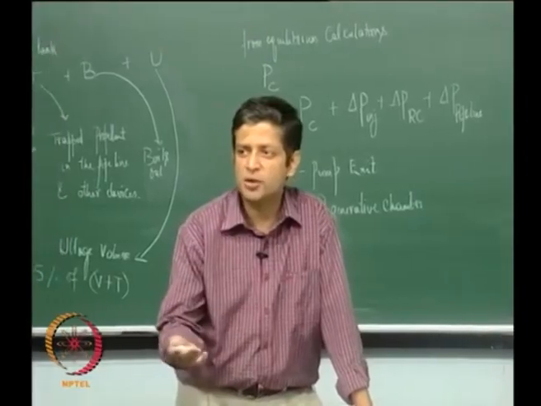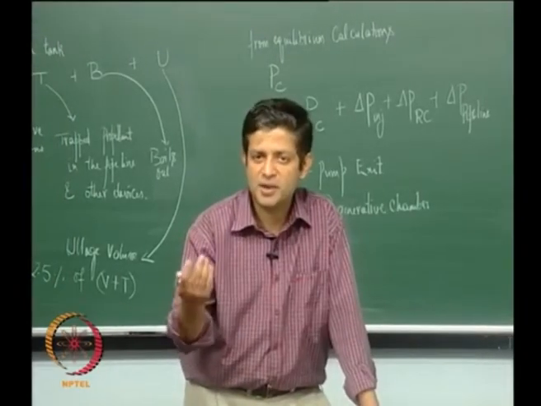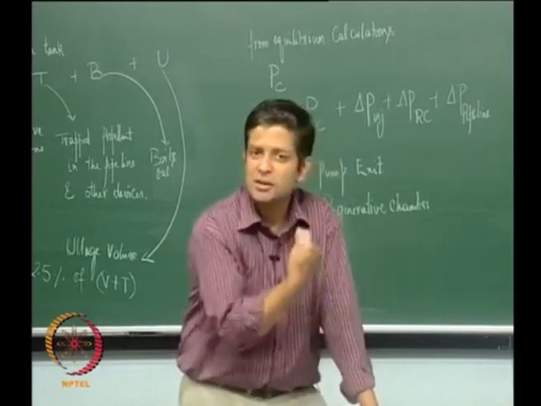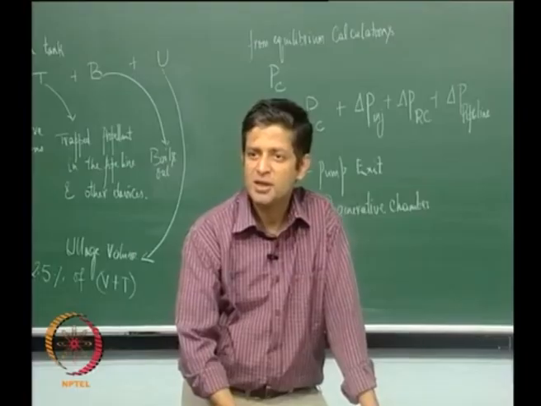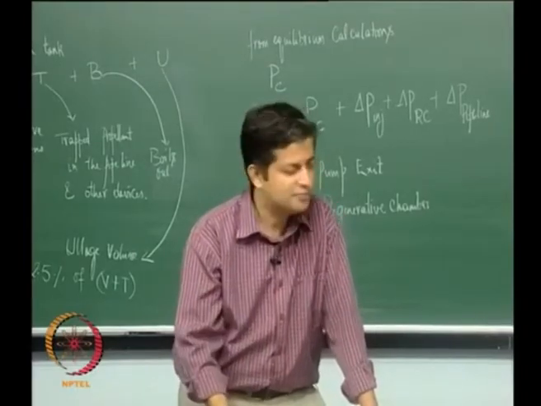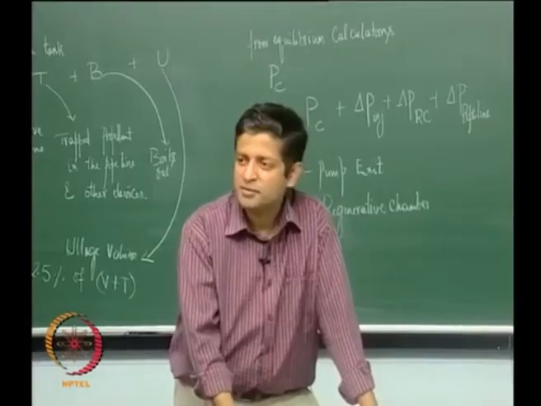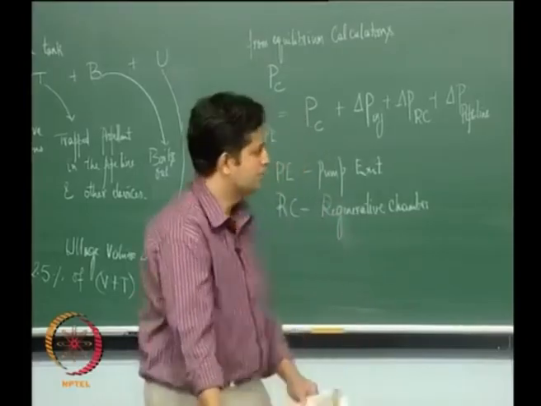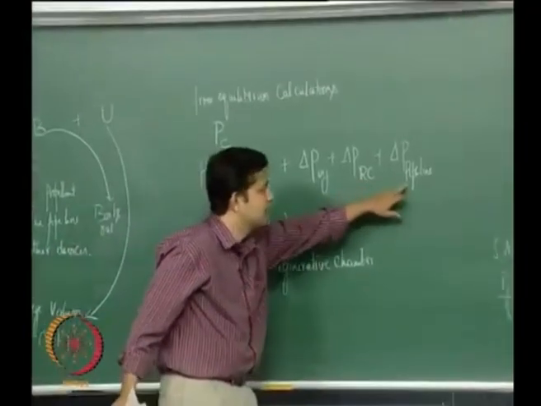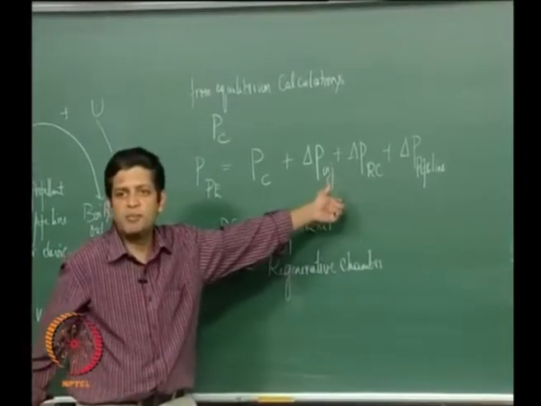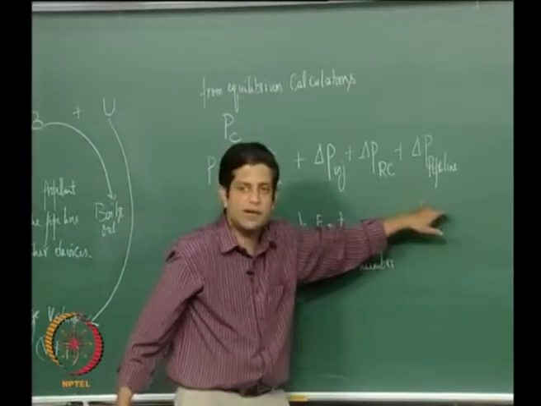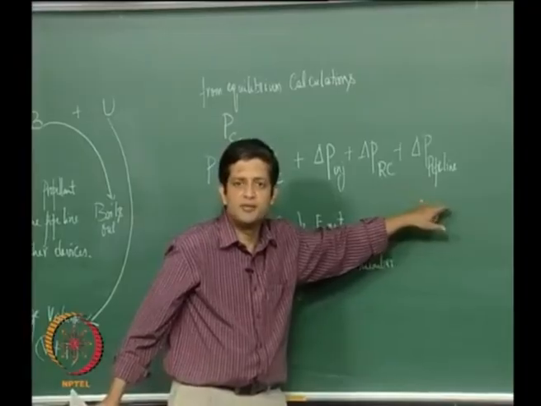Anyway, the density is going to be the same, areas might change, right, but you can calculate the pressure drop across the regenerative chamber, fine. So, this part we can do, and similarly delta P across the pipeline, again you will know the diameters, so you can calculate the delta P in the pipeline, fine.